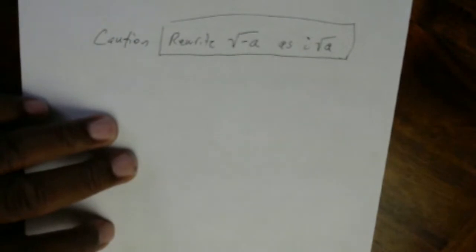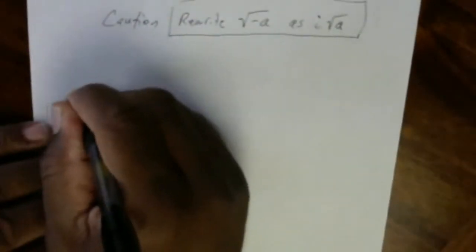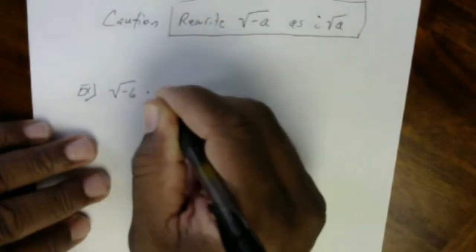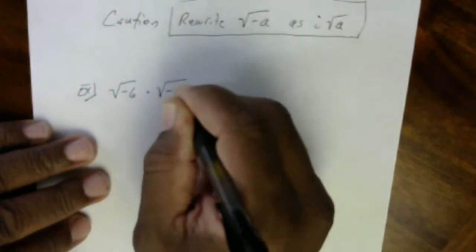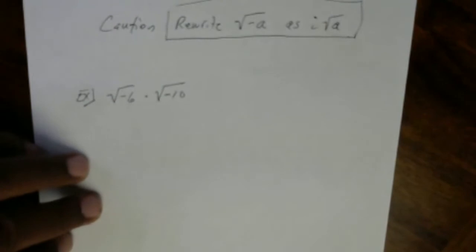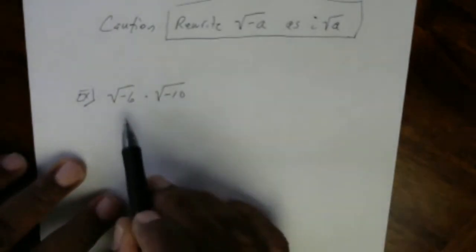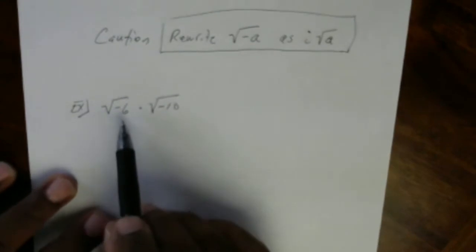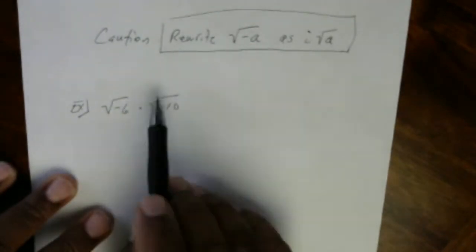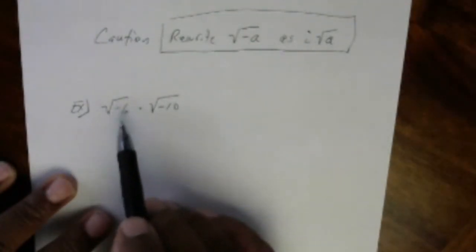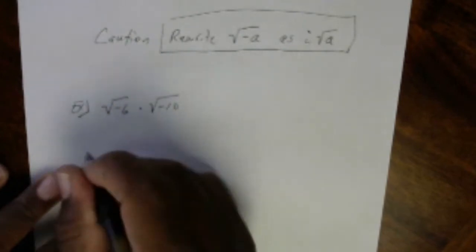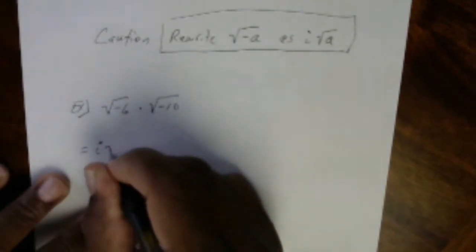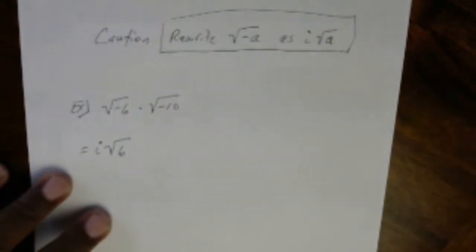So our first example, we were asked to multiply the square root of -6 times the square root of -10. Before I can actually multiply my radicands, since I have negative radicals, I want to rewrite the square root of -6 as i times the square root of 6.